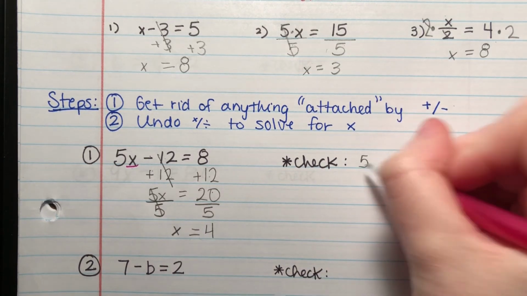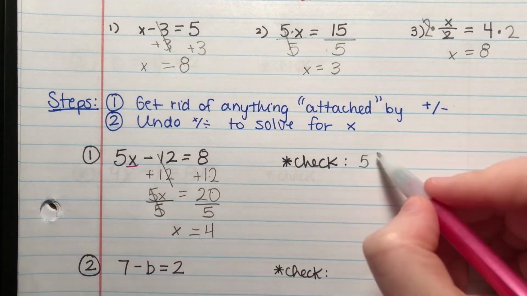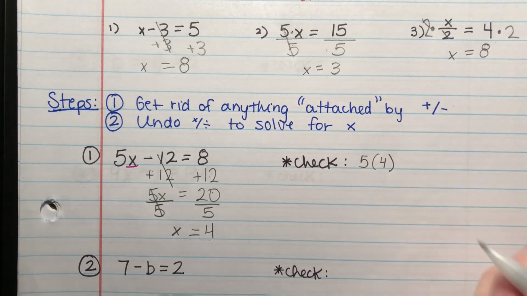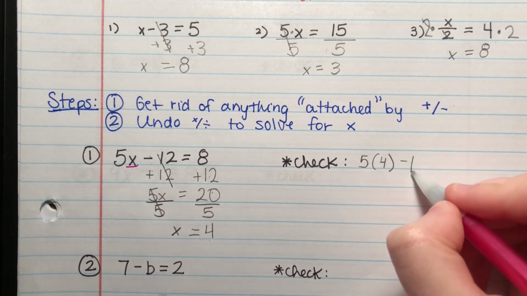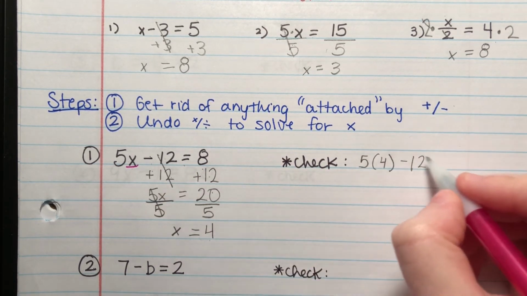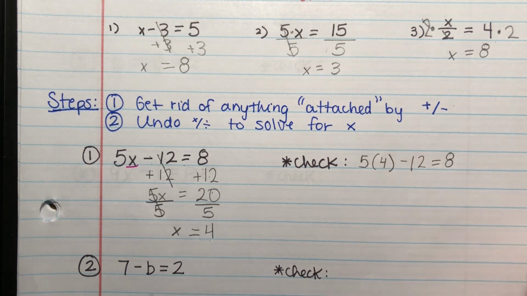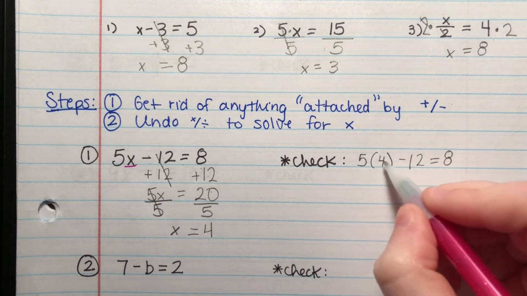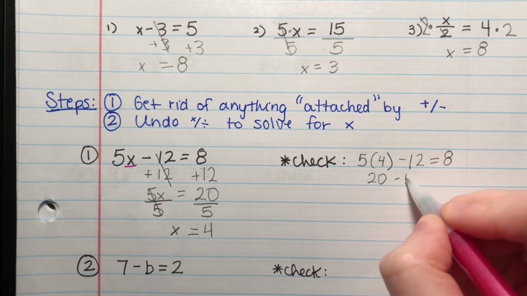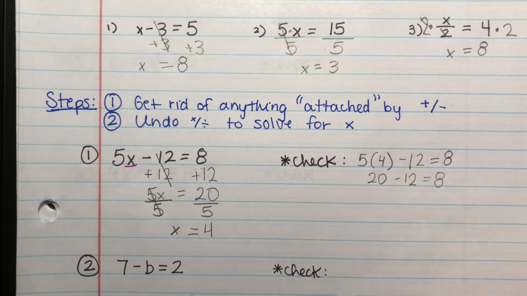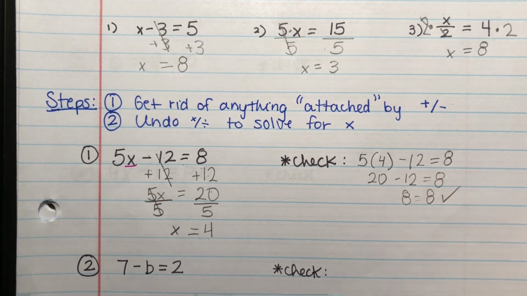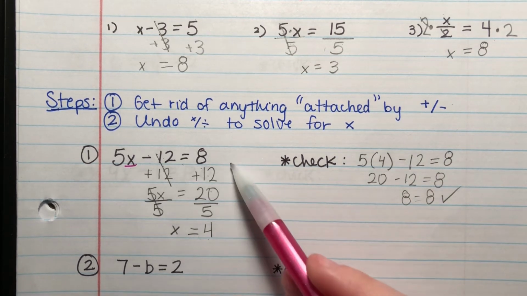So in this case, 5 times my x, which is 4, minus 12 equals 8. Then I would work it out and see if it is accurate. 5 times 4 is 20, and 20 minus 12 equals 8. So that is correct. We did this problem correctly.